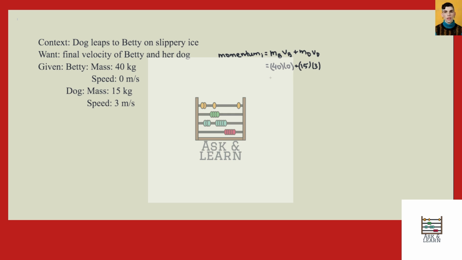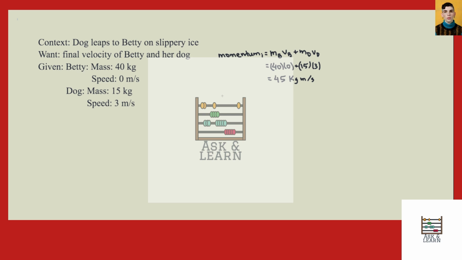So 40 times 0 is just 0. The initial momentum is going to be equal to 0 plus 15 times 3, which is 45. The initial momentum is 45 kilograms meters per second.